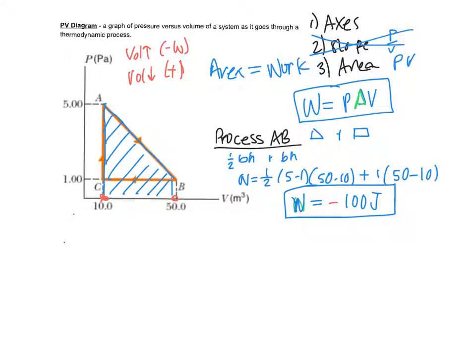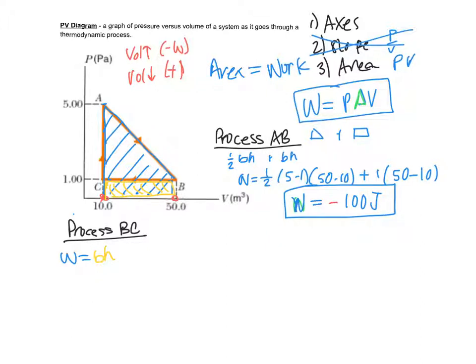Okay, so that takes care of process AB. Now, how much work is done during process BC? I'm now going to use yellow, that takes care of this portion of my graph. That's the area under the curve. So work is going to be equal to base times height.